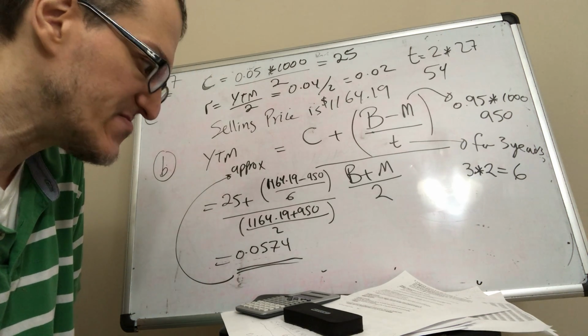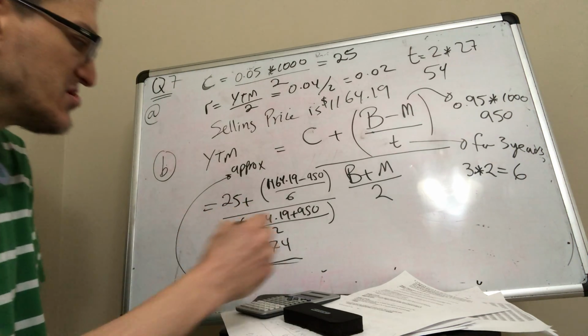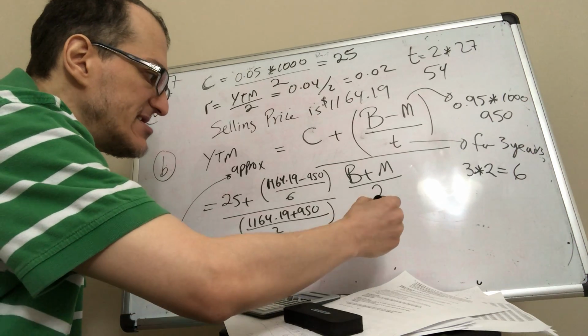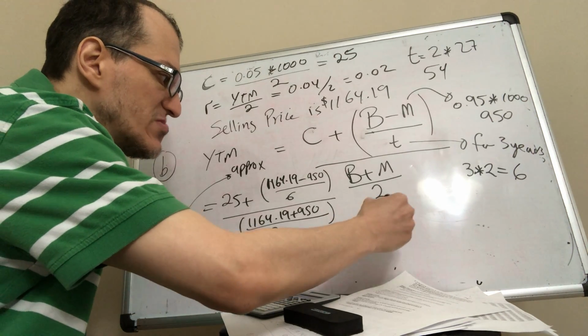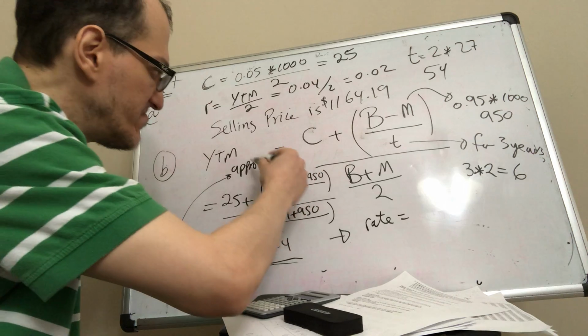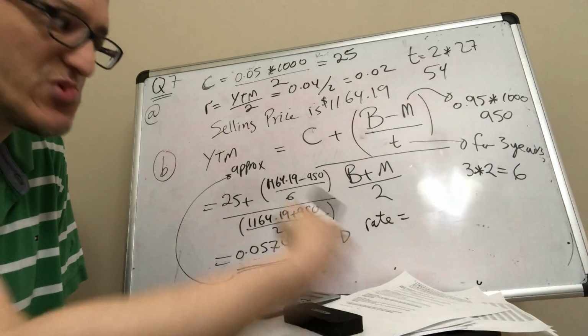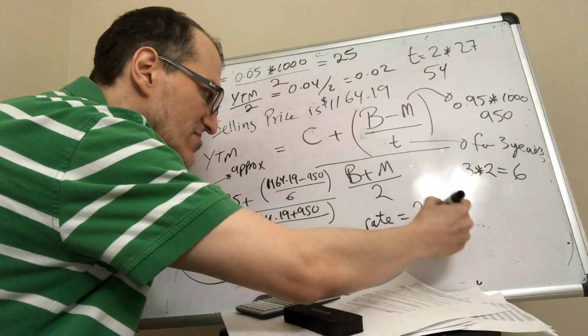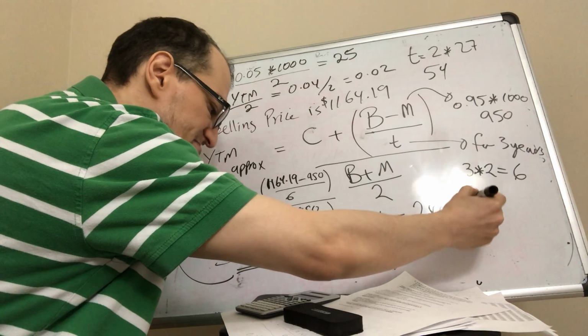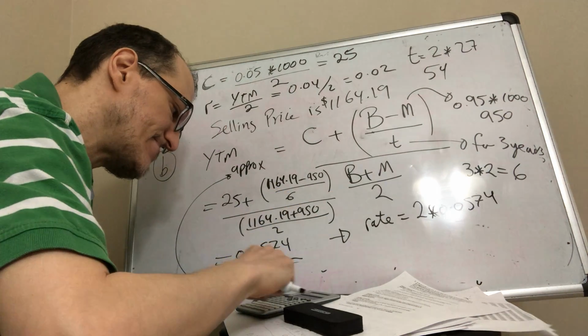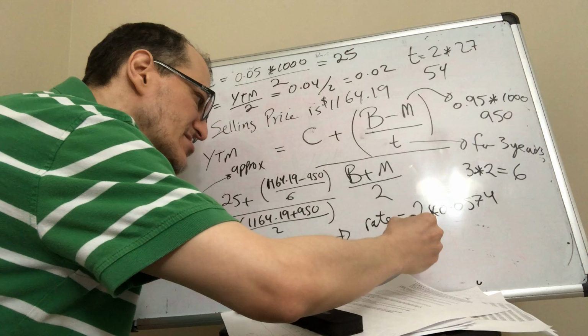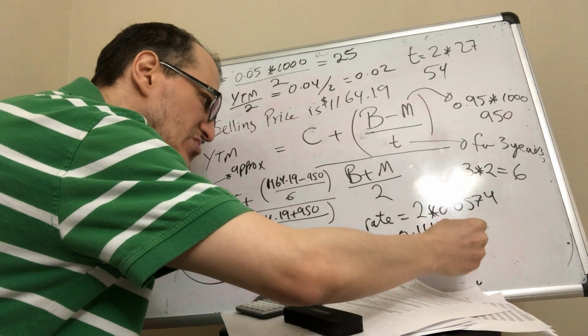They want the effective. Okay, first of all, a rate would be double this because remember, you always divide by 2 and we're going backward, so we need to double it. So you get 11.48.